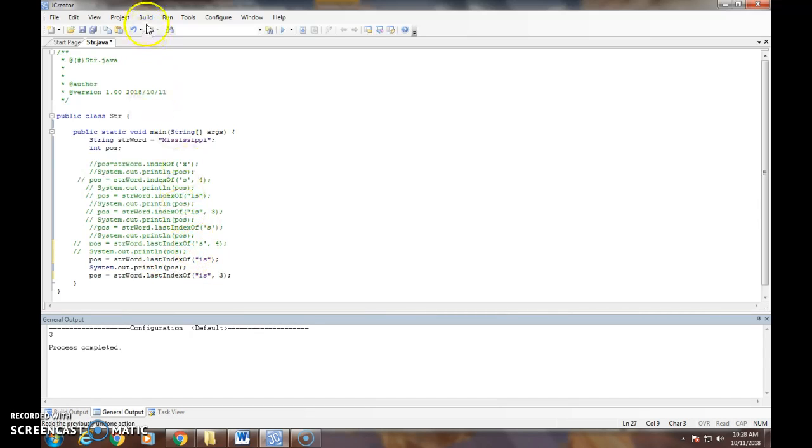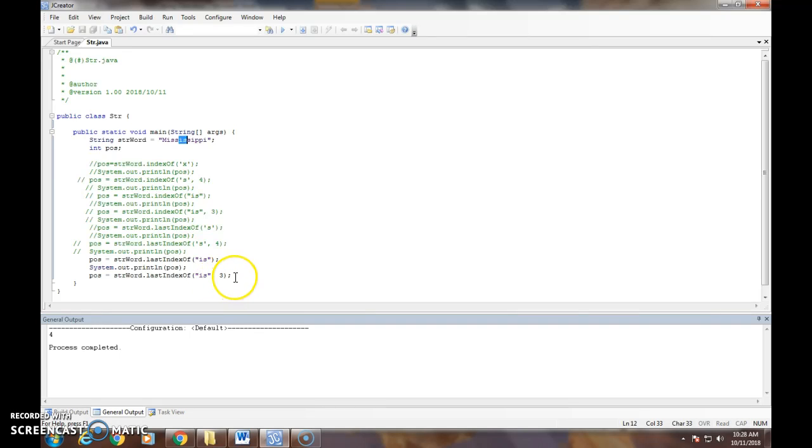So we go ahead and hit build, and then we hit run, and notice it finds it in the 4th position. 0, 1, 2, 3, 4. Okay, again it finds is here because it's starting here and going over until it finds it. And when it finds is right here, IS, it returns the 4th position because that's where the I is.